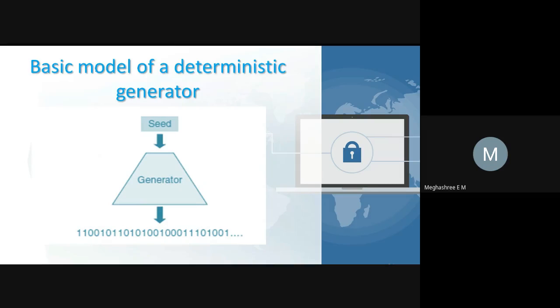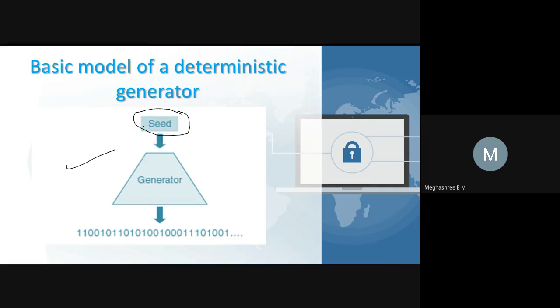I have already explained this diagram, and this is the basic model of a deterministic generator where you input the seed. Seed means the initial value that needs to be fed to the algorithm.